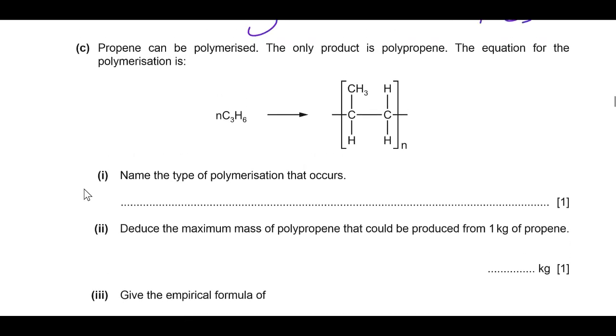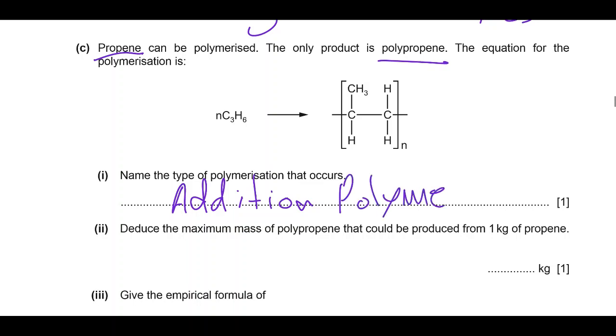Because you started with propene, which has a double bond, and you have polypropene, so the name of this reaction is addition polymerization.